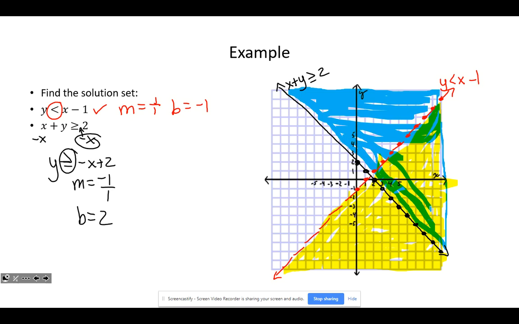And in essence, what I've done by doing the blue and yellow, and remembering what I learned in kindergarten about blue and yellow making green, I now have highlighted exactly what my solution set will be. And now I can mark this with an S. Since there are no follow-up questions, I am now done.